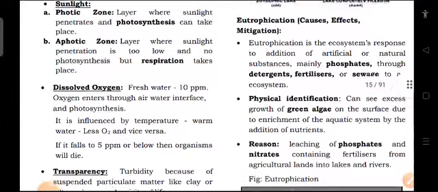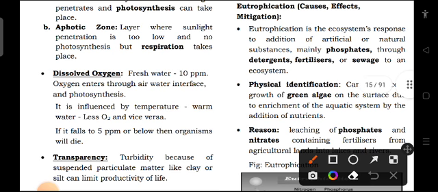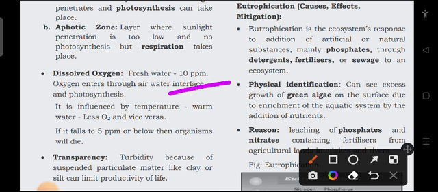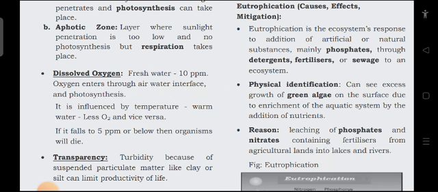Then the next factor is dissolved oxygen. Fresh water will have 10 ppm of oxygen. Oxygen enters the water through the air-water interface and through photosynthesis. In fresh water, we will have 10 ppm, that is parts per million.